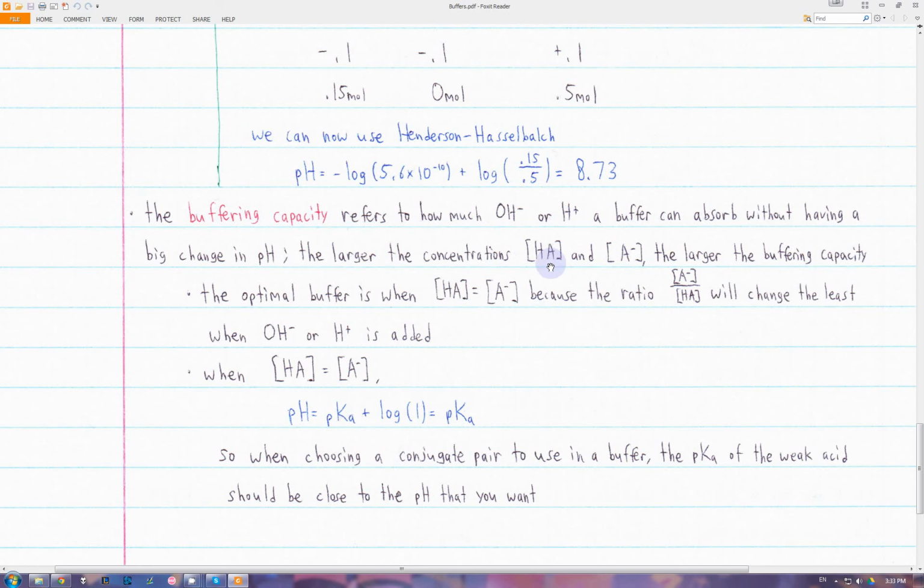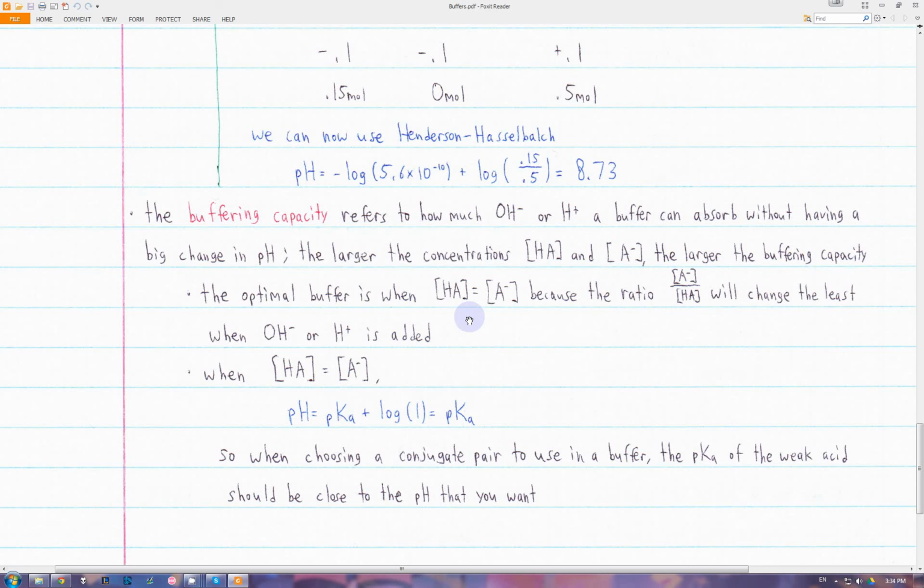So the more weak acid and conjugate base we have, the larger the buffering capacity will be. And looking at this ratio of the concentration of the conjugate base to weak acid, the optimal buffering occurs when this ratio is 1. In other words, the concentration of weak acid and its conjugate base is the same.